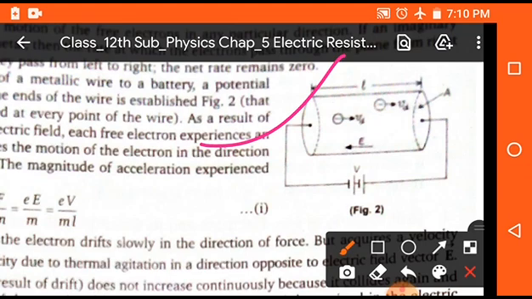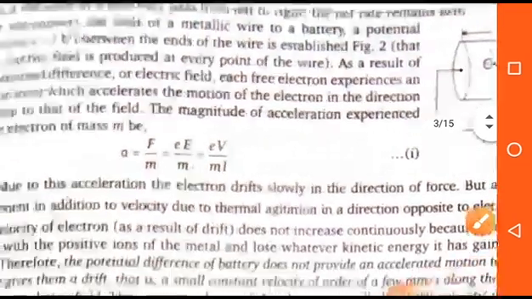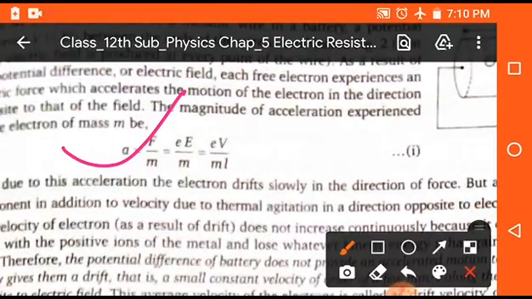So the drift velocity is the minimum amount of velocity by which any electron flows in a conductor along its length.